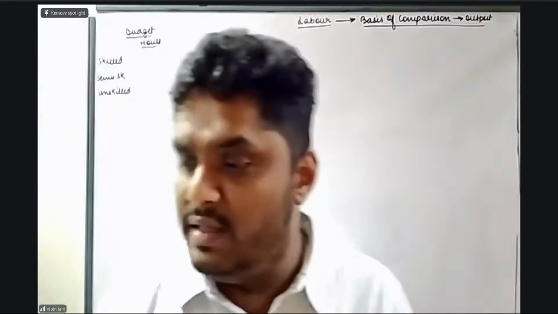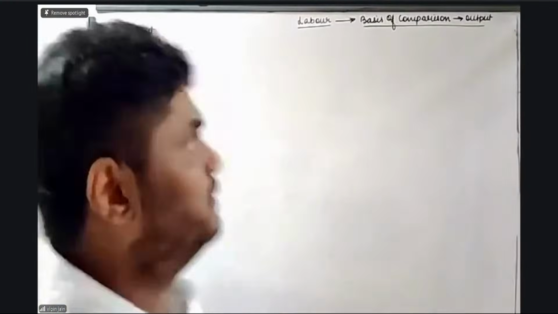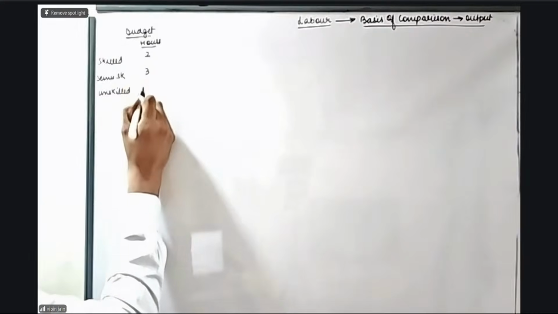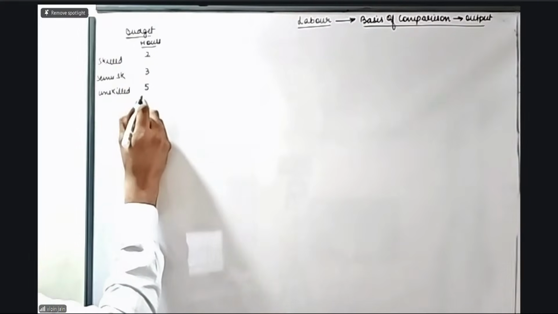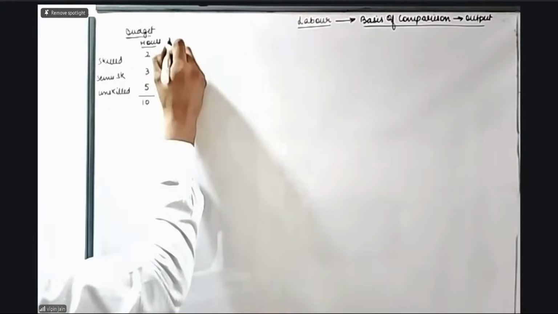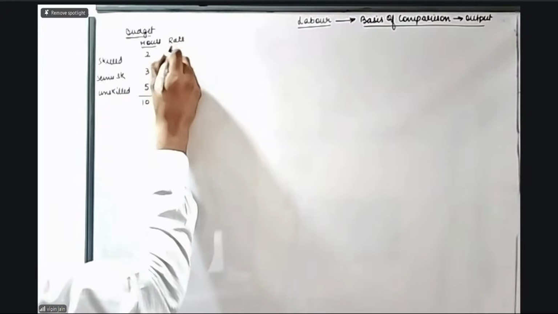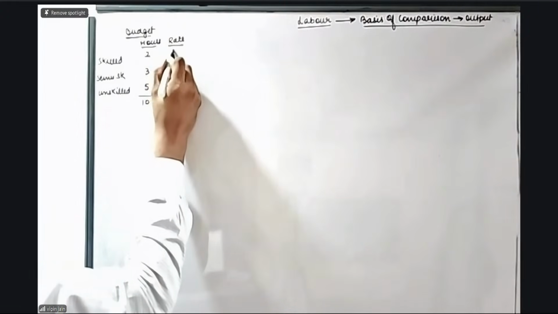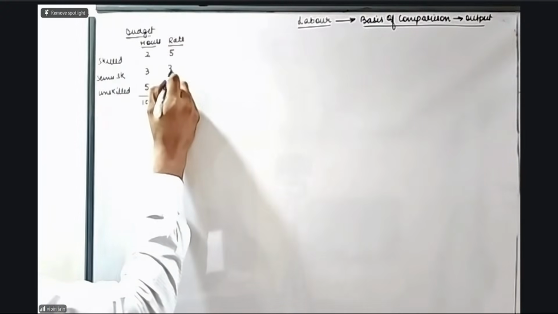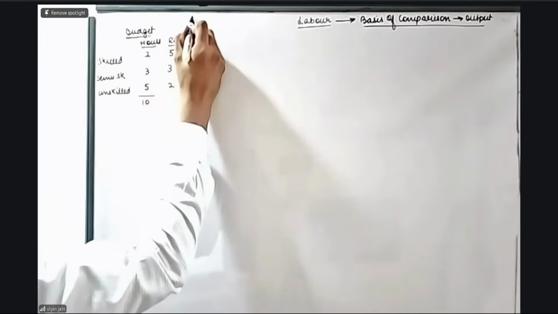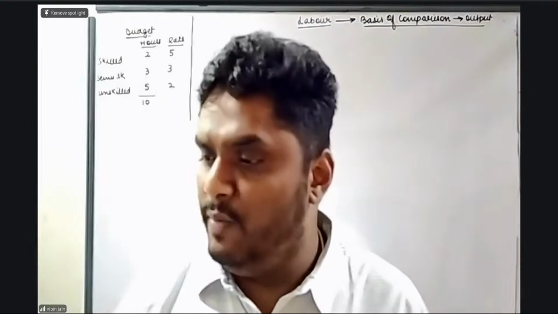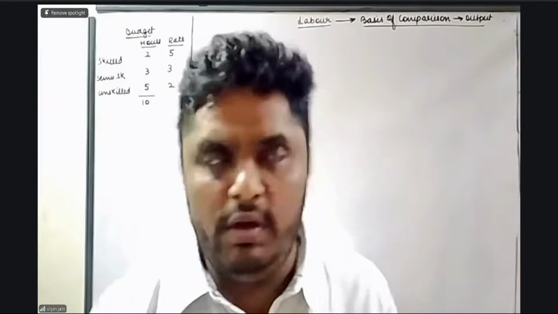The skilled workers are working for 2 hours. Semi-skilled workers are working for 3 hours and unskilled workers for 5 hours. Total 10 hours. When talking about the labor rate, we are paying them 5 rupees for an hour to skilled. This is the budgeted data given for manufacturing every unit of output.